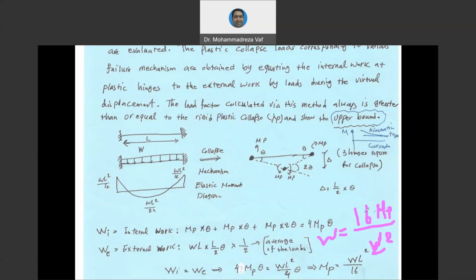So you can see in order to reach the collapse condition, the W should reach this amount.